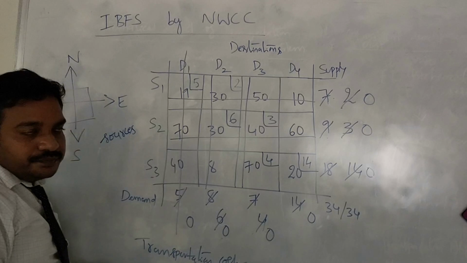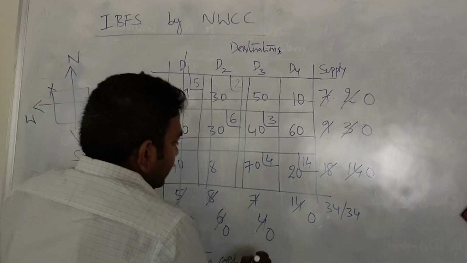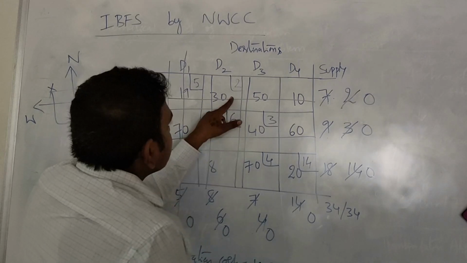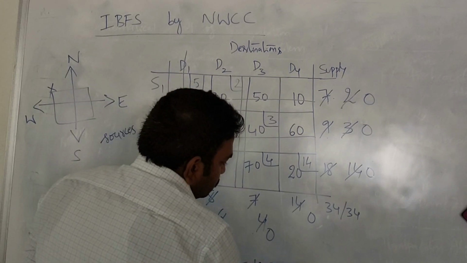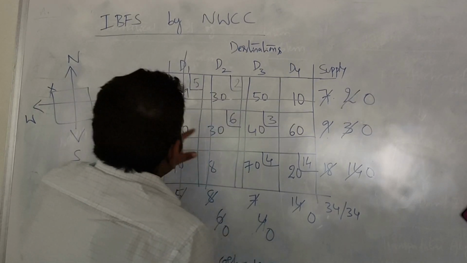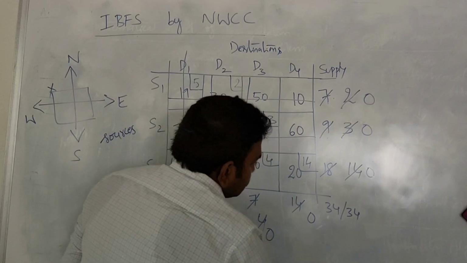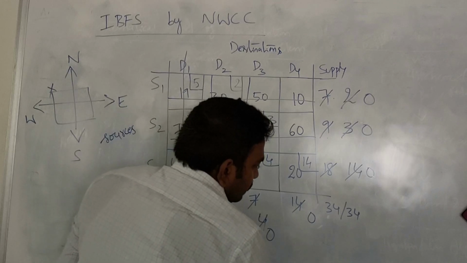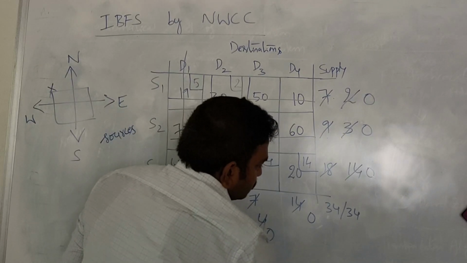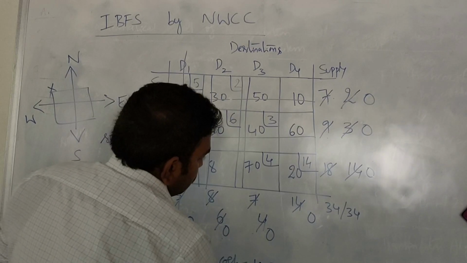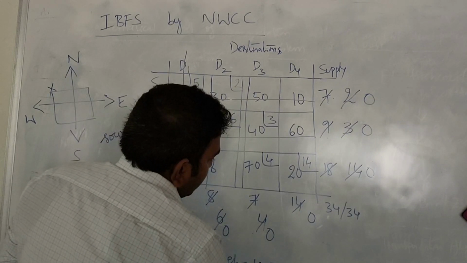That equals 19 into 5, plus the next allocation 30 into 2, plus 30 into 6, plus 40 into 3, plus 70 into 4, plus 20 into 14.